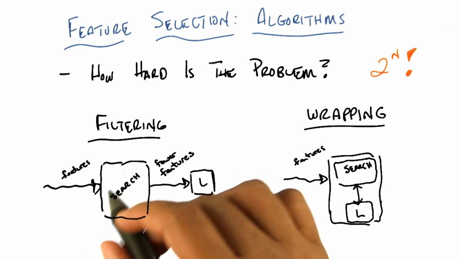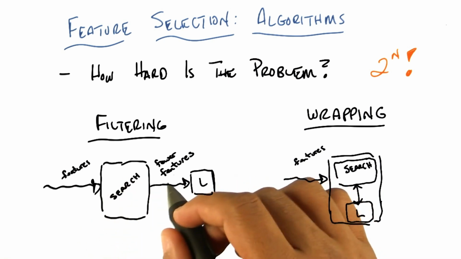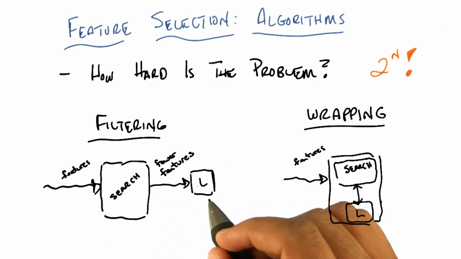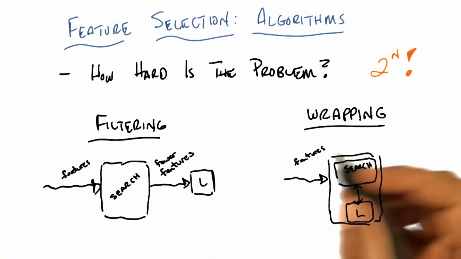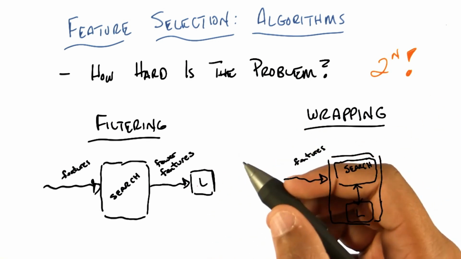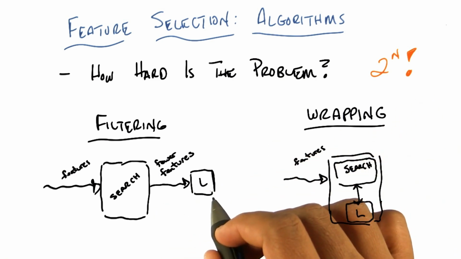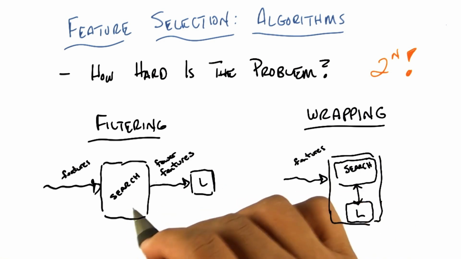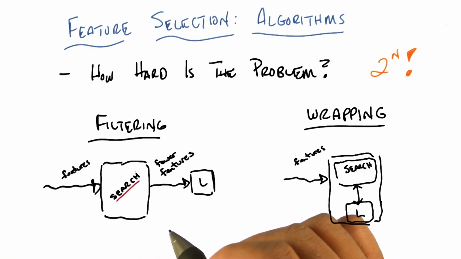You run them through some algorithm that maximizes some kind of criterion, and then it outputs fewer features and passes those to some learning algorithm that will then use them for classification. It could be regression more generally, but without loss of generality, let's assume we're worried about classification problems here. So you'll notice that the criterion of how you know whether you're doing well or not is buried inside the search algorithm itself.